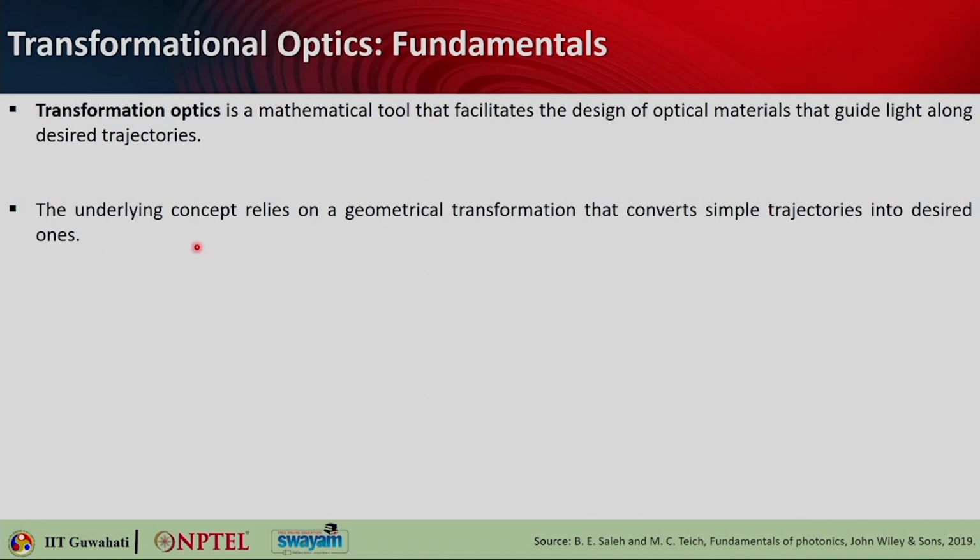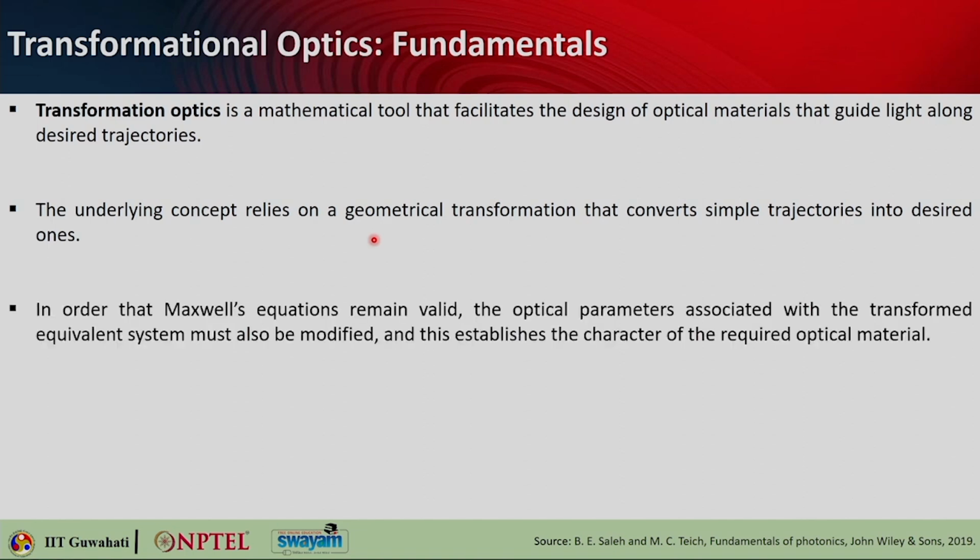The underlying concept lies in a geometrical transformation that converts simple trajectories into desired ones. In order for Maxwell's equations to remain valid, the optical parameters associated with the transformed equivalent system must also be modified, and this establishes the character of the required optical material.